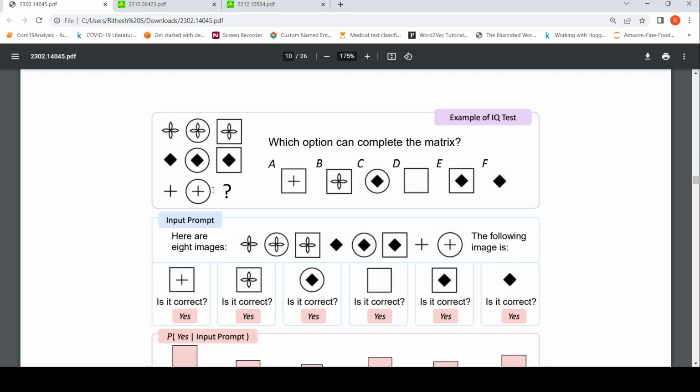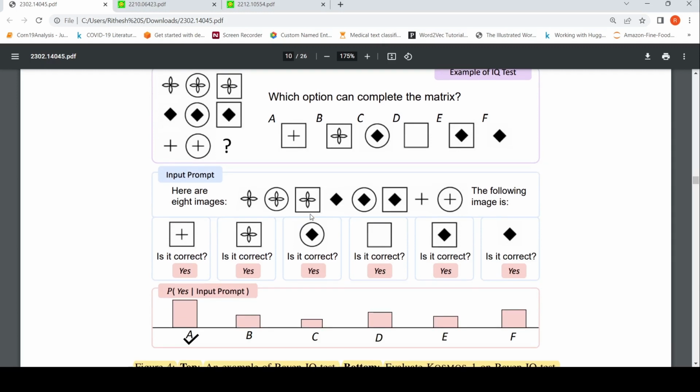Another input is this particular matrix with this question, the second input, and they take the probability of each of the outputs and see which gives the highest probability. That is how they do it. Here are all the images, and then one by one: is this image correct? Is this image correct? Is this image correct? So they send it, say, five times over here.